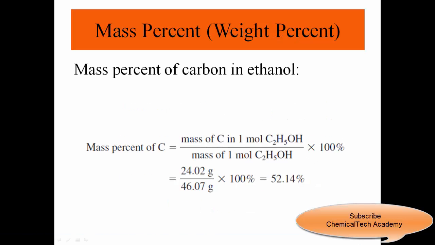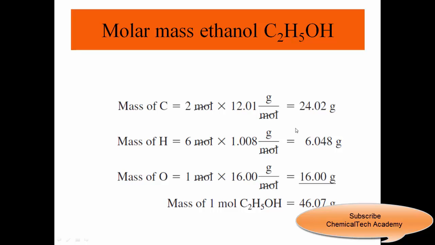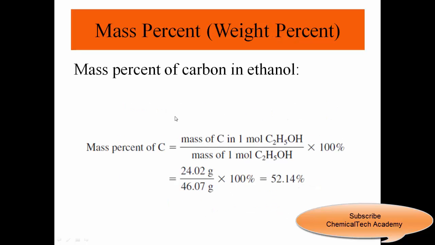So now if you want to find the mass percent of carbon in ethanol, in the previous slide we found the molar mass of ethanol. Now we need to see what's the mass of carbon. So mass percent of carbon, we need to calculate the mass of carbon in 1 mole of ethanol divided by the mass of 1 mole of ethanol, so it means the molar mass.